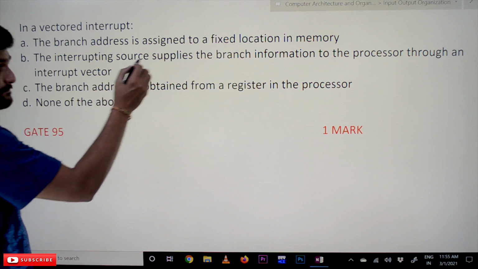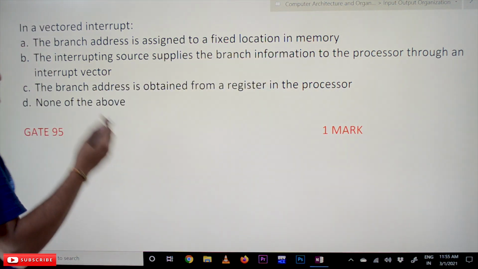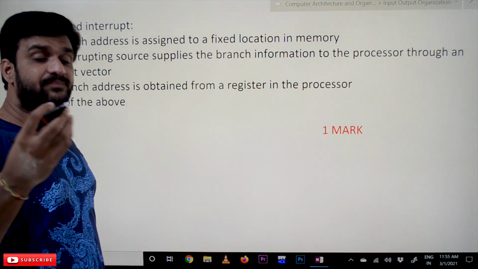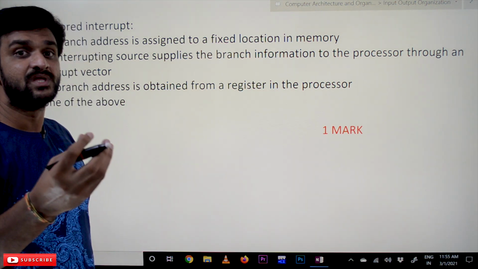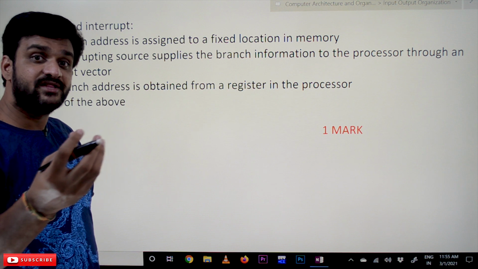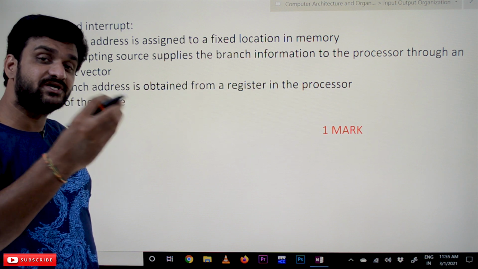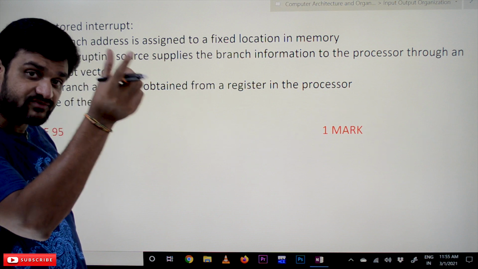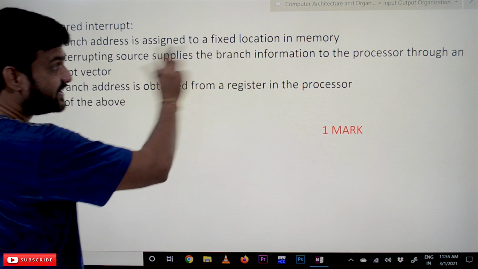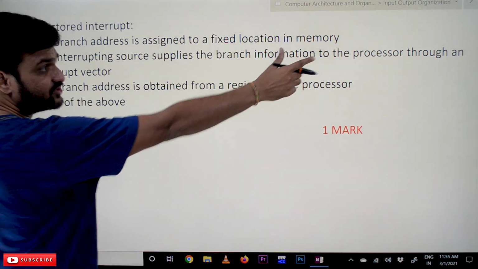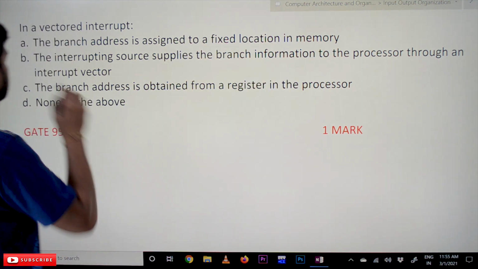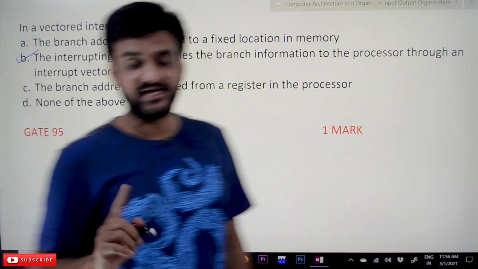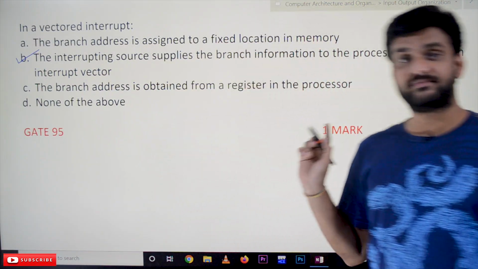The interrupting source, the device which is interrupting the processor's execution, in the process of interrupting, is going to generate the address of the device. So the address of that device is supplied as the branch information to the processor. So B is the right option, and this bit was asked in GATE 95 for 1 mark.